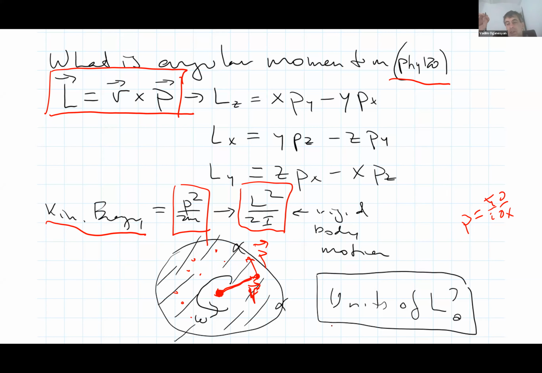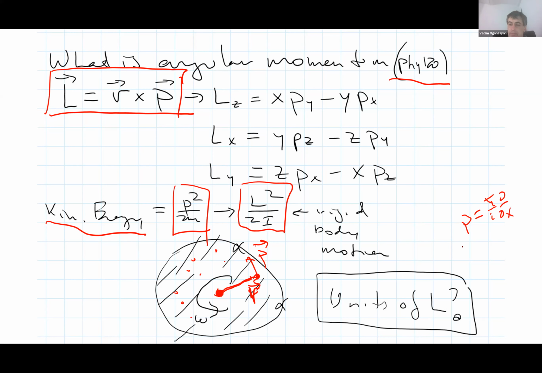So in this case, anybody want to venture a guess what the units of L are? Anybody? We're talking about classical mechanics. We haven't touched on anything quantum yet. So if the definition is r cross p, and p is h bar d by dx, what are the units of p?